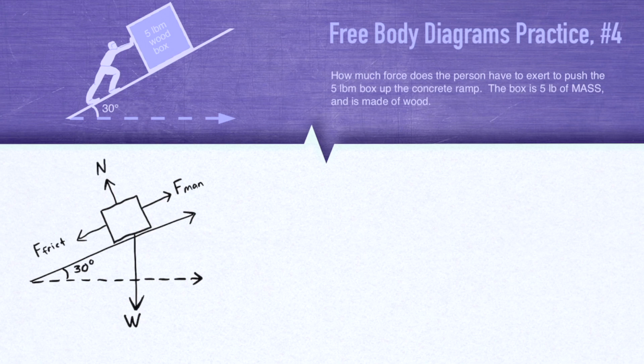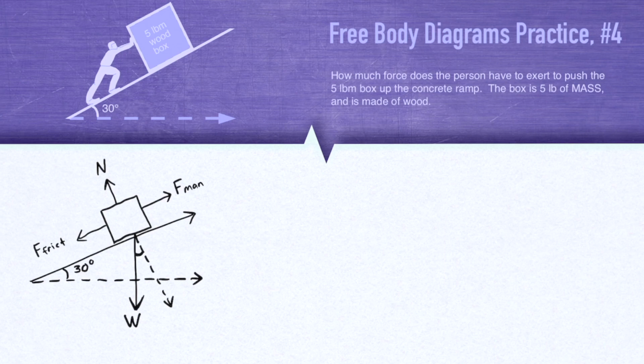And then before I draw the actual free body diagram, I just want to make a note here that there is an angle between the actual gravity acting down and where gravity would be acting down if the box was on a flat surface.